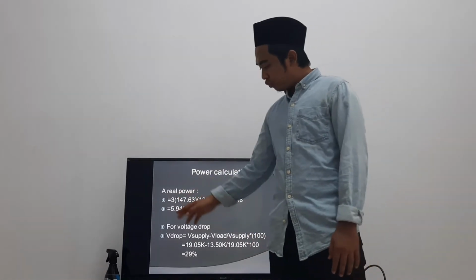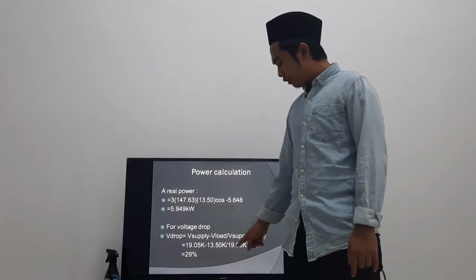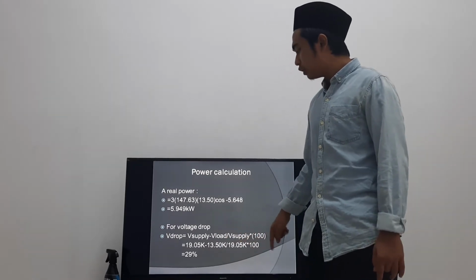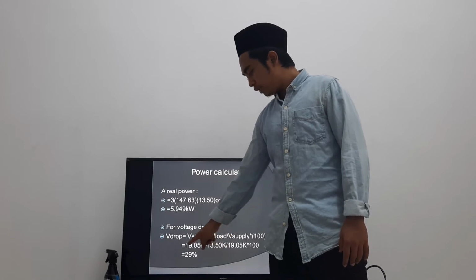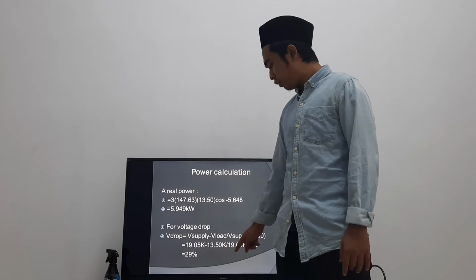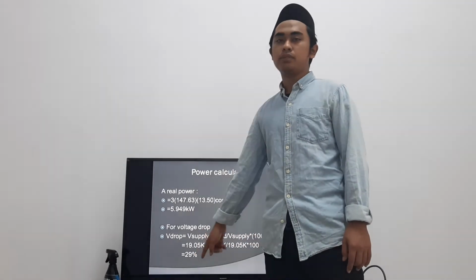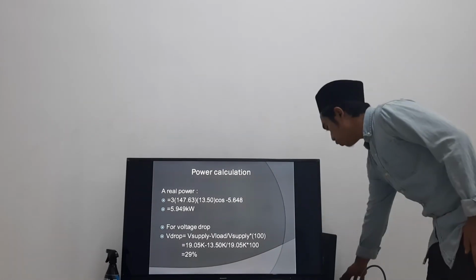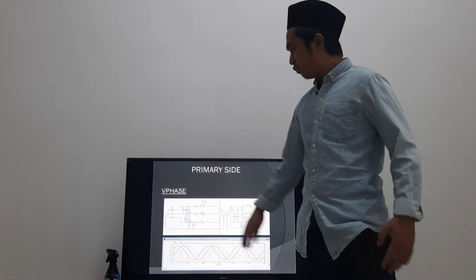For the voltage drop, V drop equals V supply minus V load, divided by V supply, times 100, equals 19.05 K minus 13.50 K divided by 19.05 K times 100 equals 29%, that I get. Okay, this is the primary side for the phase voltage.